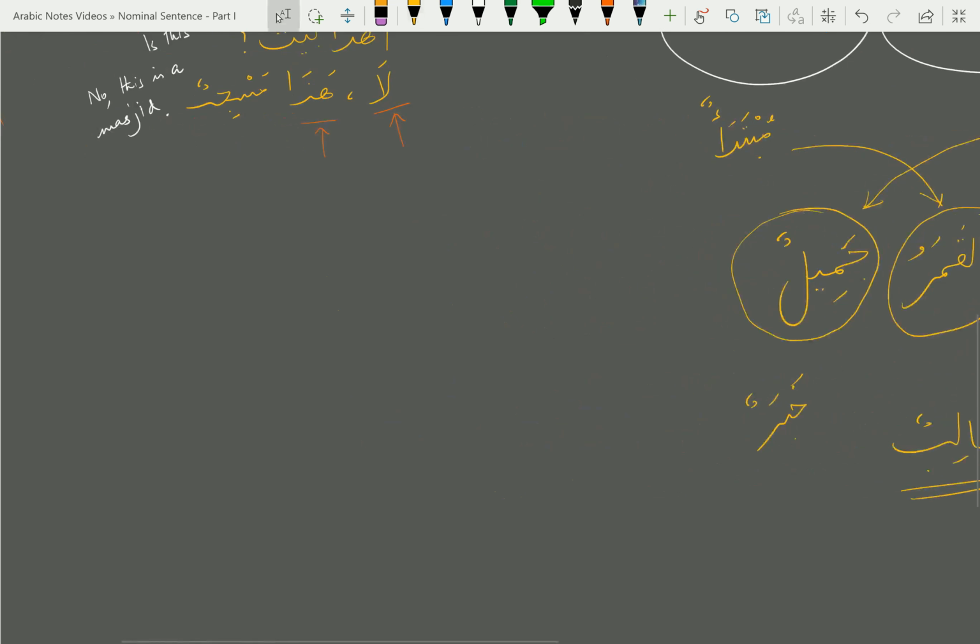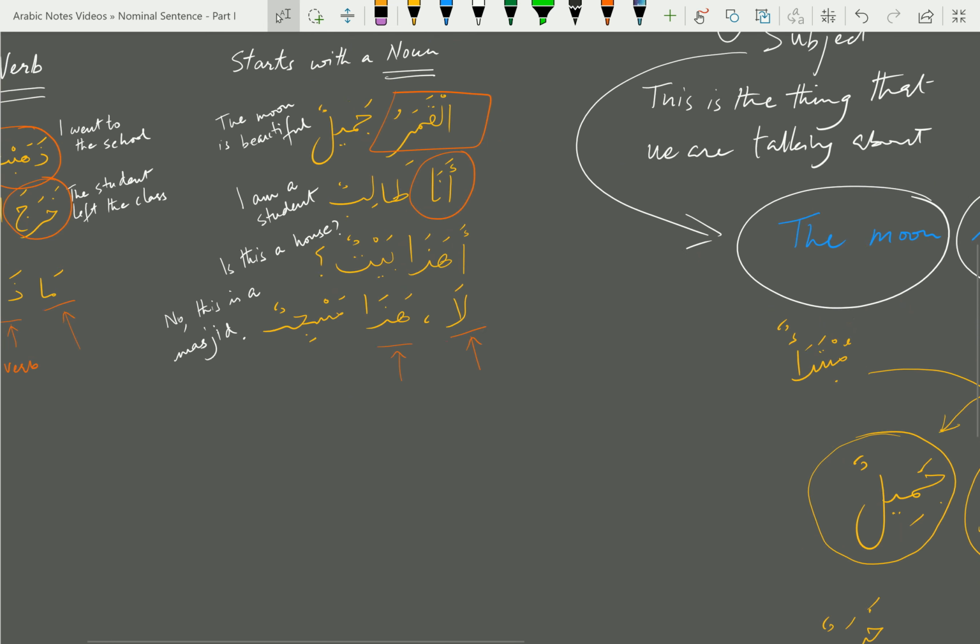If we go back and look at the third example that we had here, haza masjidun. In this case, what is it that we are talking about? We're talking about this. So this from a grammatical point of view is the mubtada, and what are we saying about this? The fact that it is a masjid. So masjid is the khabar.